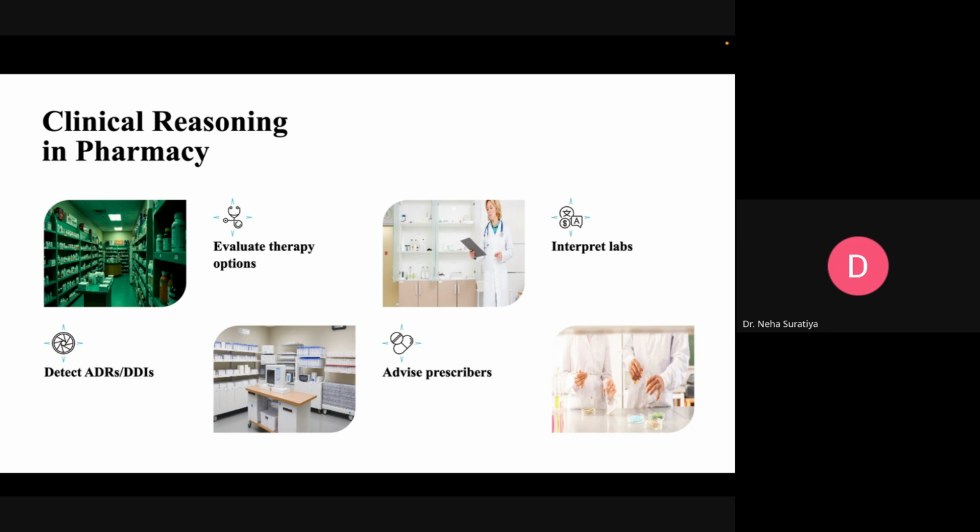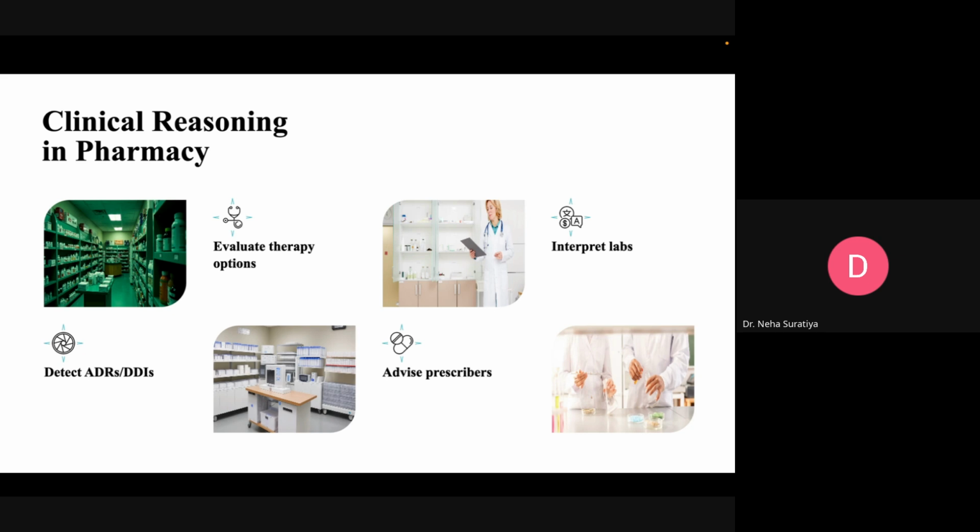But I know this sounds very nice, advise prescribers, right? But in actual scenarios, when it comes to practical implementation, this is quite difficult. Because we need evidence, we need a lot of backup to go and advise them that this is not appropriate and we should go for something more suitable for the patient right now.